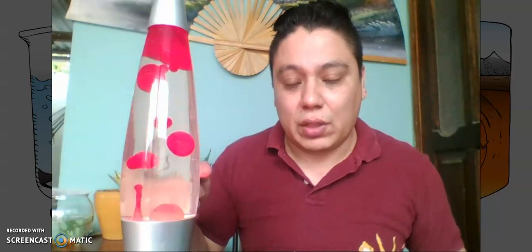But as they reach this point over here, they start cooling down. And when they cool down, their density increases, basically. They become more compact. So because their density increases and they are more compact, they drop down to the bottom again. And they heat up, their density decreases, so they expand, and they float again.